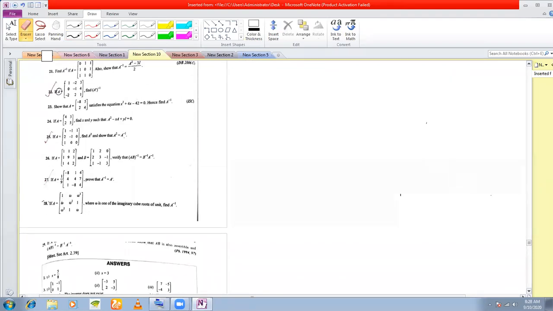Now see here, given A is equal to the matrix with rows 1 omega omega square; omega omega square 1; omega square 1 omega, where omega is the cube root of unity.